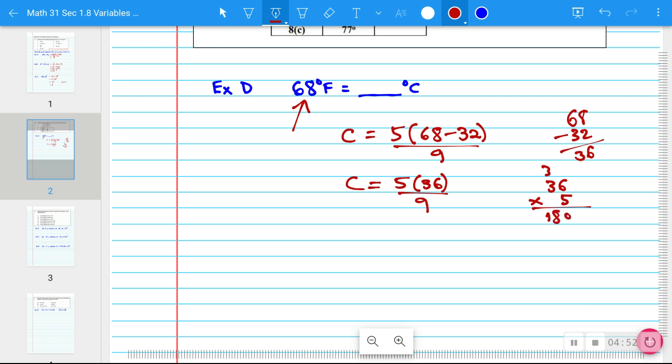So now we have 180 divided by 9. If you think 18 divided by 9 gives 2, then you can see that this would be 20. So 20 degrees centigrade or Celsius is the same as 68 degrees Fahrenheit.